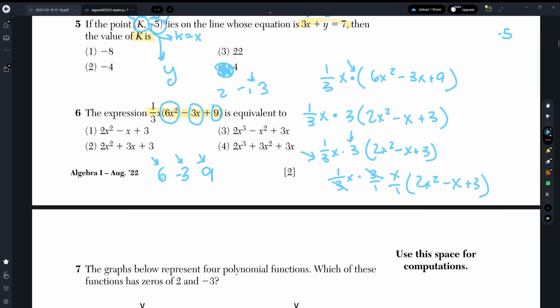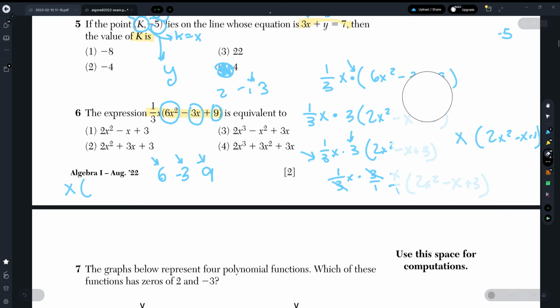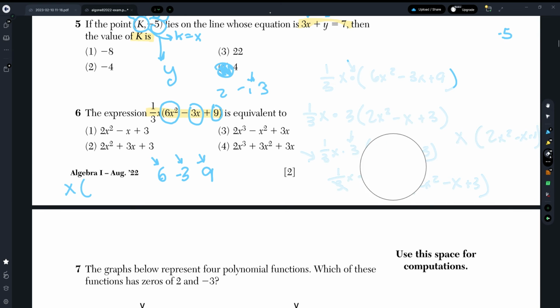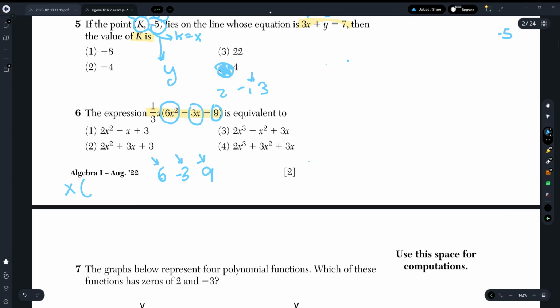So in a sense, I already factored this out, right? 2x squared minus x plus 3. And now all that I have left to do is just expand this once again, right? So I have x, 2x squared minus x plus 3.